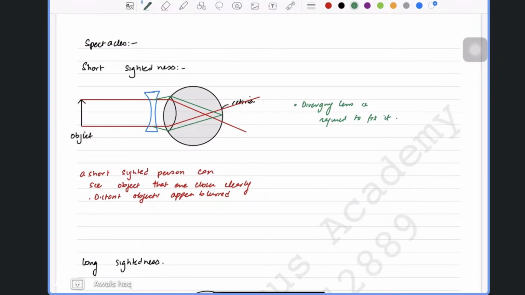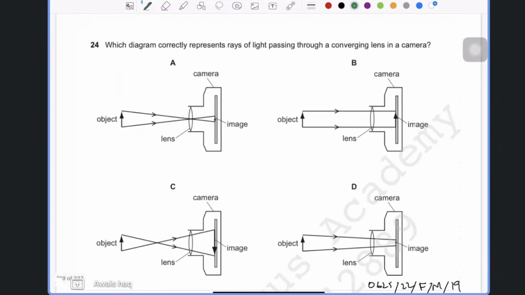Okay, cool. So a similar question like this is there, and it says which diagram correctly represents rays of light passing through the converging lens and on the camera. So right now the camera does not really form the image like it should.